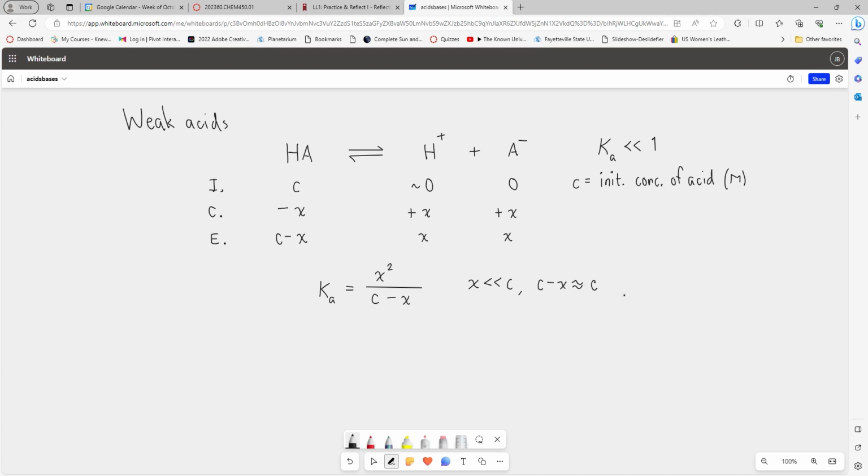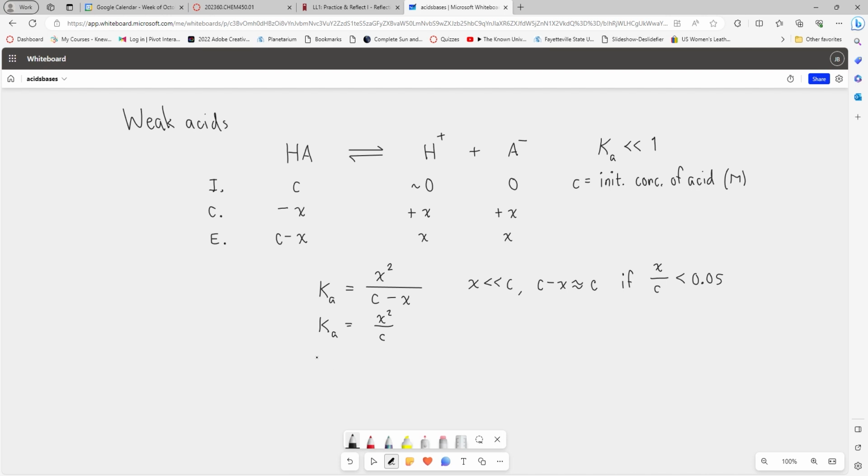This simplifies the equation. But this is only true if it turns out that after we solve for X, X divided by C is less than 0.05 or 5%. So if it's true that X divided by C is less than 0.05, we can make this simplifying assumption. And this simplifying assumption is that X squared divided by the concentration is Ka.